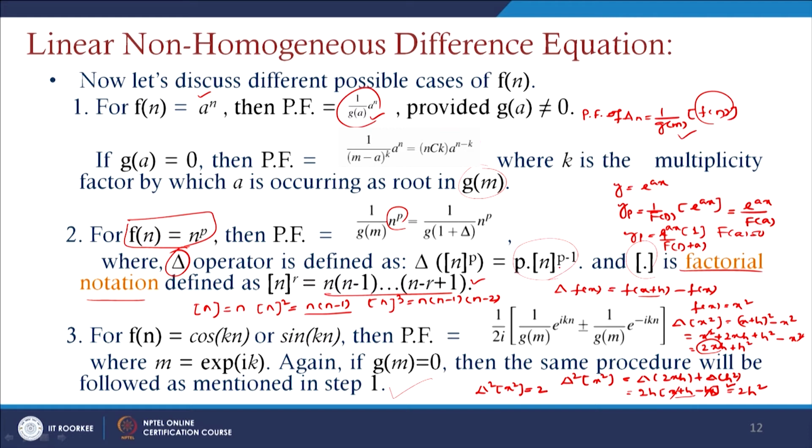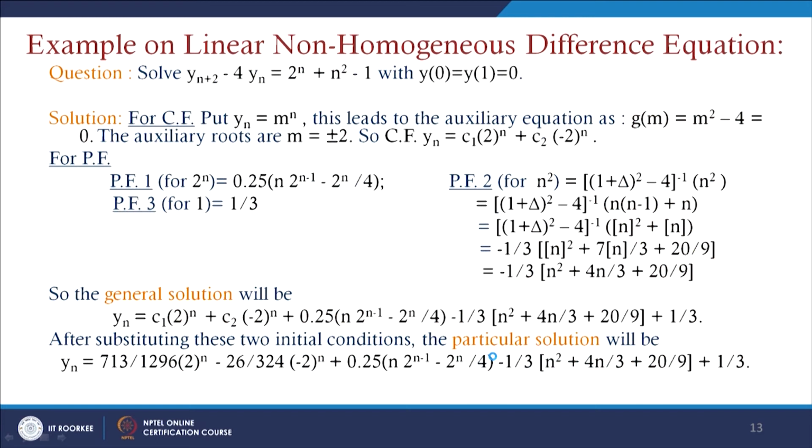Then this particular function can be written as 1 by 2i into 1 by g of m, e to the power ikn plus or minus e to the power minus ikn, where m equals the exponential of ik. Since exponential of ik means we can write this as cos of k plus i sin of k. And if g of m equals 0, then we can follow the previous procedure to get the solution here.